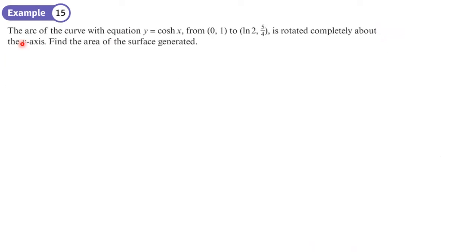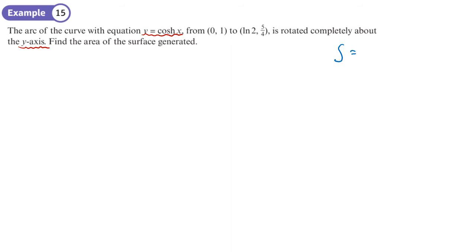Okay, so looking through this question, I can see that I've got a Cartesian equation that's been rotated completely around the y-axis. So I need to choose the appropriate formula now. The one for rotating about the x-axis is in the formula book.